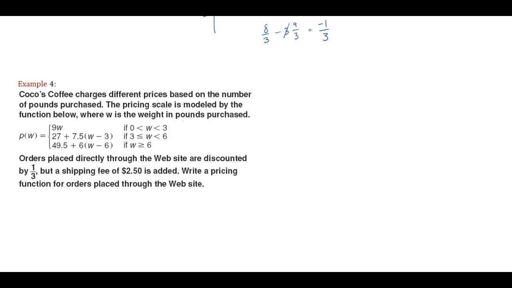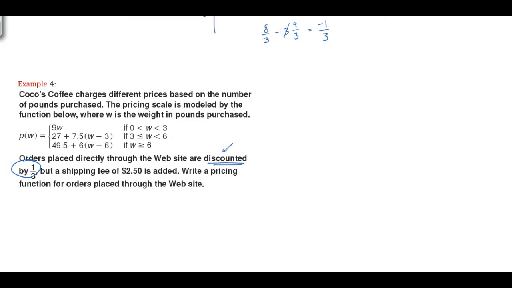Then somebody realizes that, hey, it's kind of expensive to have a store. If we could have a holding tank somewhere, a warehouse, let's offer people a discounted price of 1/3 off if they buy online. So we need a new scale, right? We need our online pricing. This is our pricing here in the store, but we need online pricing. So what we're going to have to do is discount it by 1/3.